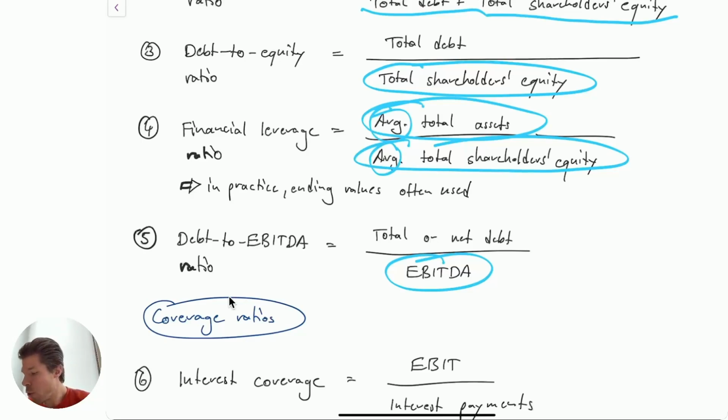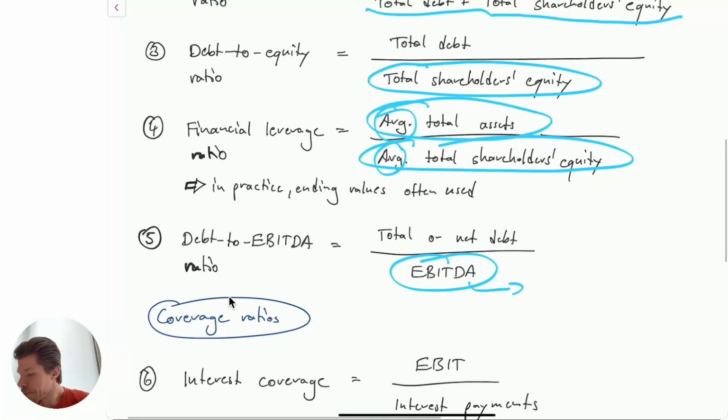We use EBITDA as an approximation of operating cash flow sometimes. And this measure is used in debt covenants, for example, between issuers and debt investors. Again, if the number is higher, you have more debt compared to EBITDA, and it would take more years to repay your total debt.